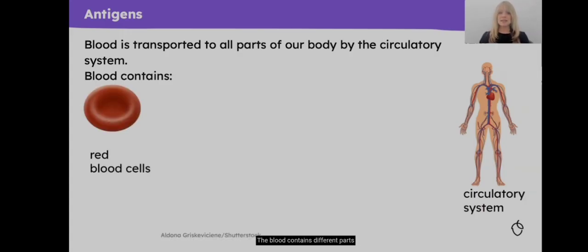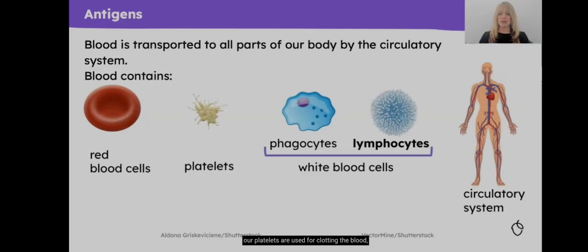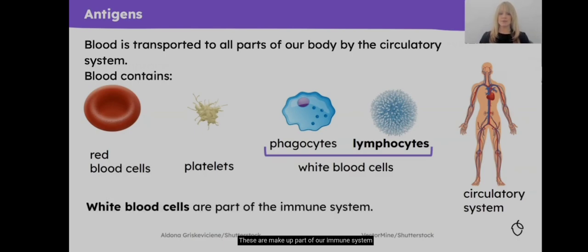The blood contains different parts for different functions. Our red blood cells carry oxygen, our platelets are used for clotting the blood, and we also have phagocytes and lymphocytes, which are types of white blood cells. These make up part of our immune system, and they make sure that any pathogen that has entered the blood or the body is destroyed.